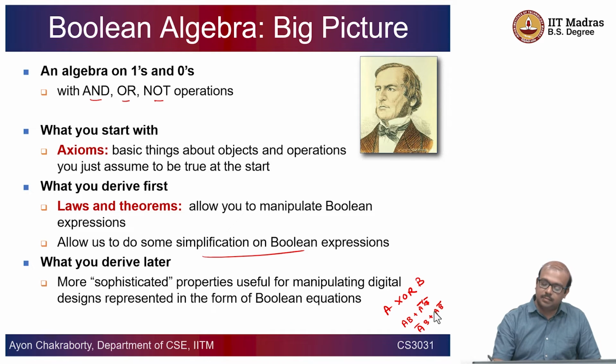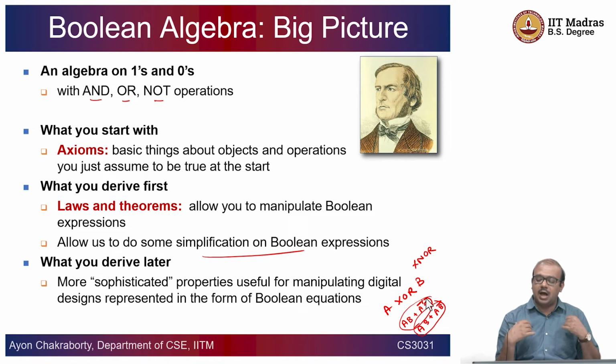So if you see XOR and XNOR, these are actually implemented in terms of, again, AND, OR and NOT, but these expressions might be something that you have to use, right? So the design might ask you to use these XNOR or XOR operations. So just the high level simplification is not sufficient.